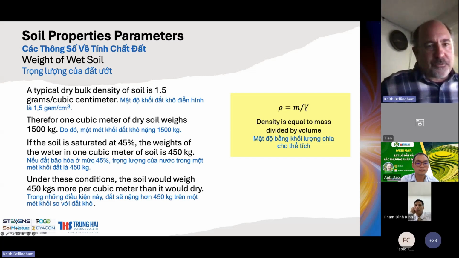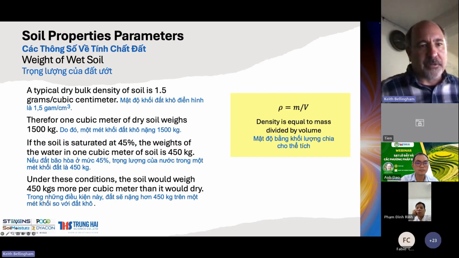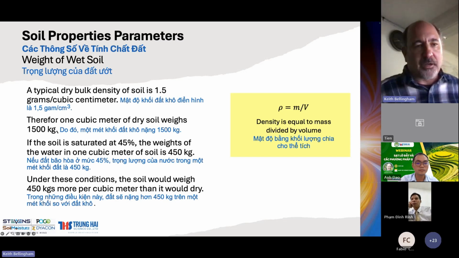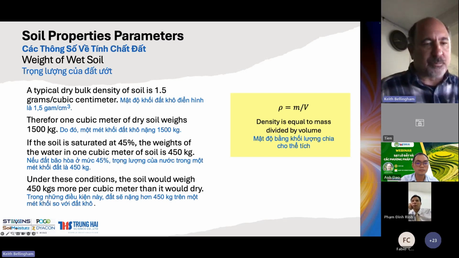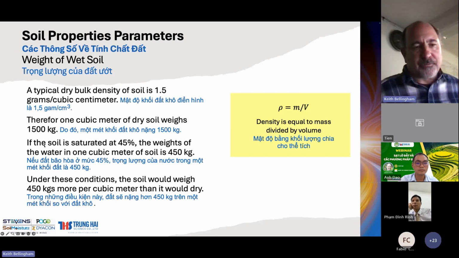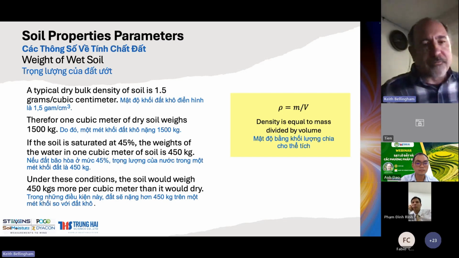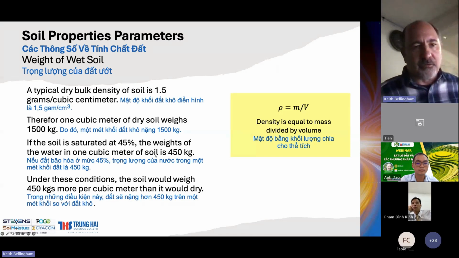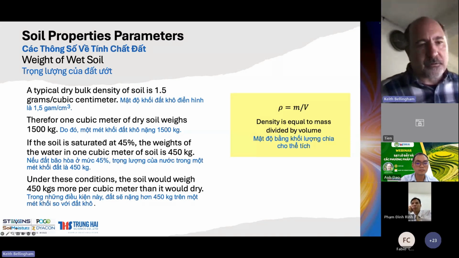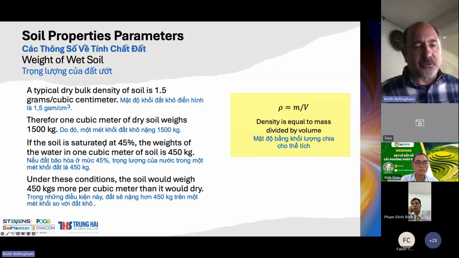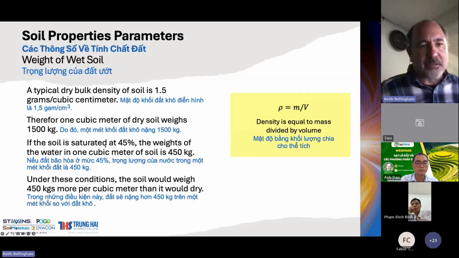And so if the soil has a density of 1.5 grams per cubic centimeter, the dry soil is going to weigh 1,500 kilograms per cubic meter. If that dry soil were to saturate, and if the saturation is 45%, it's going to add 450 kilograms of mass to that cubic meter of soil for every cubic meter. So water adds significant weight to the soil.